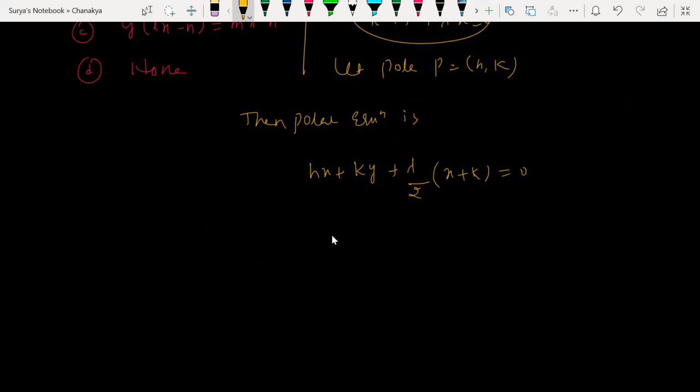Taking x common, we get h plus lambda by 2 times x plus ky plus lambda h by 2 is equal to 0.